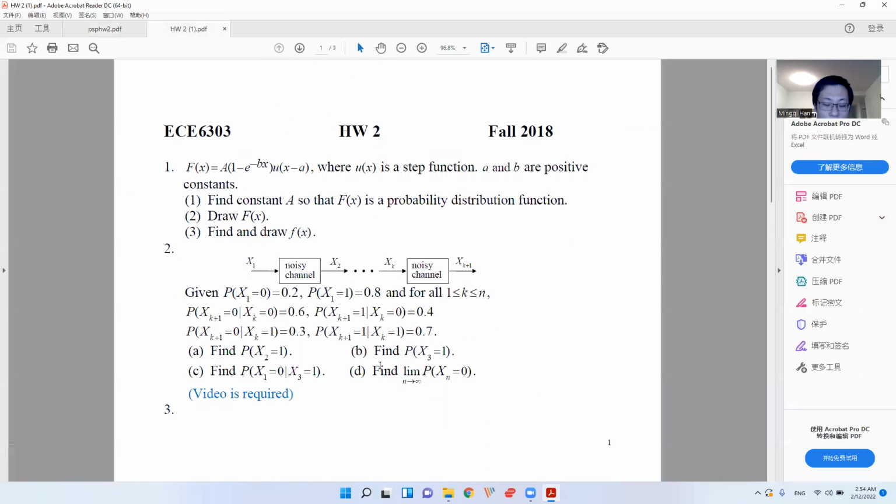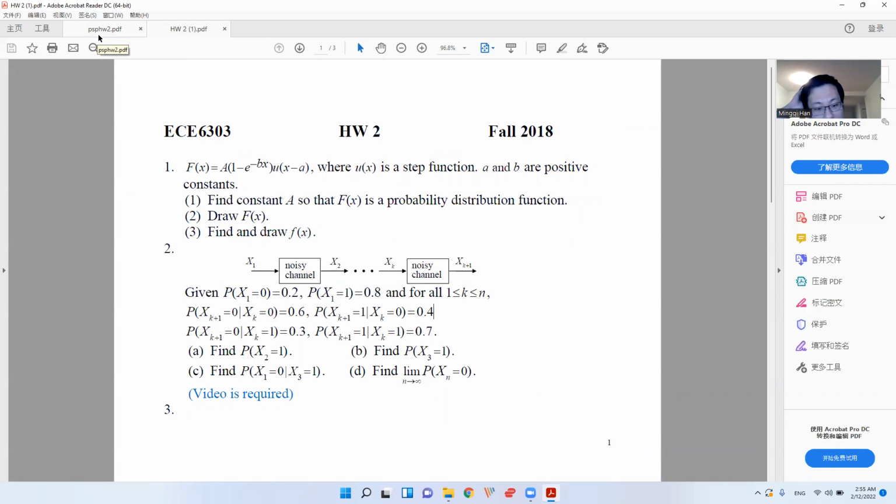And part D asks to find the limit, as if there is an infinite number of noisy channels, and the input would also be this, what the output would be.